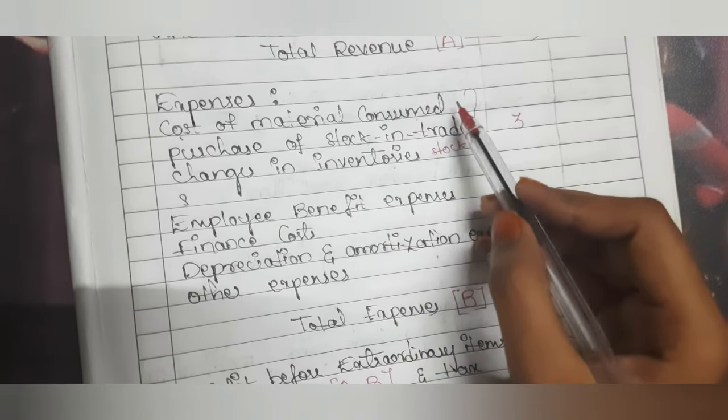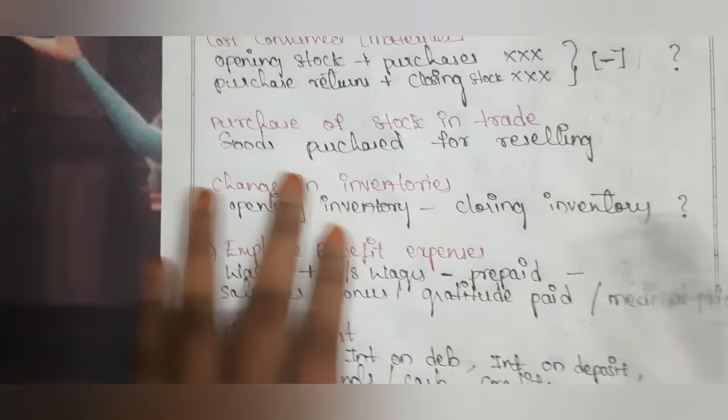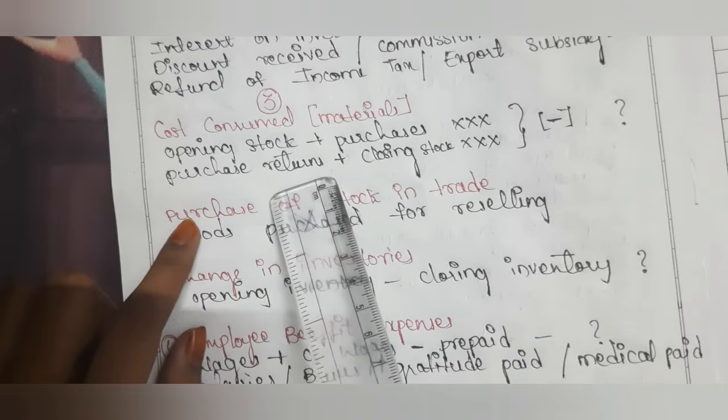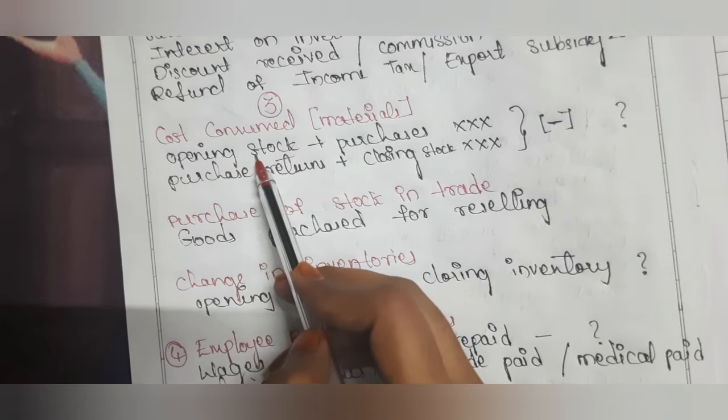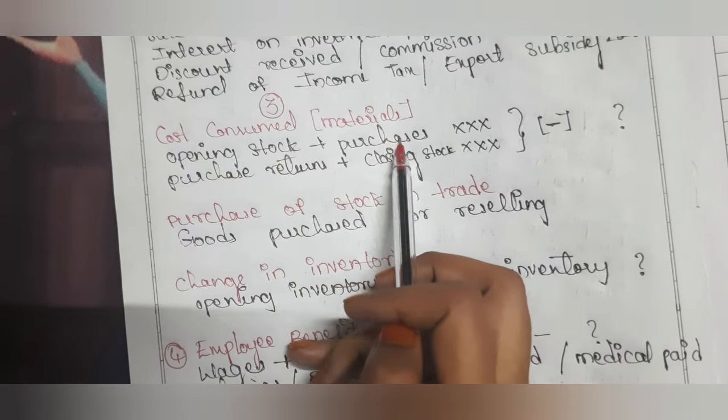Mainly you will be getting this cost of material consumed and changes in inventories. Okay, in cost of material consumed, what you need to take? You need to take purchases, and you need to minus purchase returns. If they are giving you opening stock of materials consumed, then you need to add that opening stock to purchases.